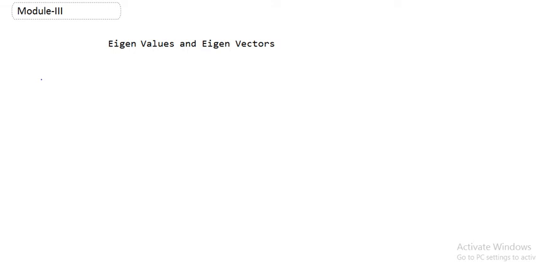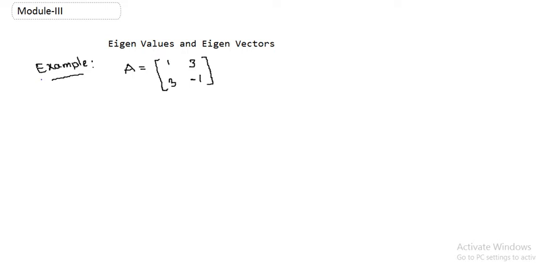So let's go with an example. Suppose we have a given matrix A. We are taking the same example, I think 1 3 3 and -1. So here is our matrix.